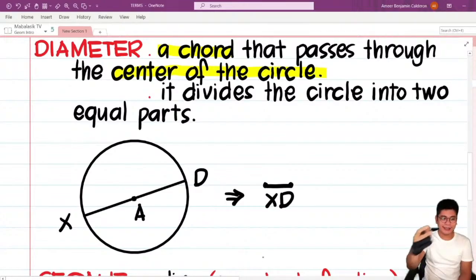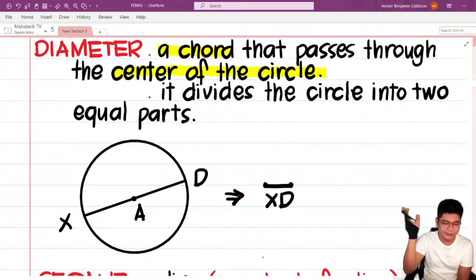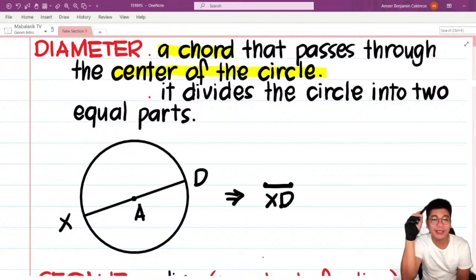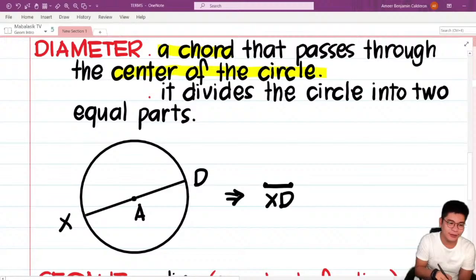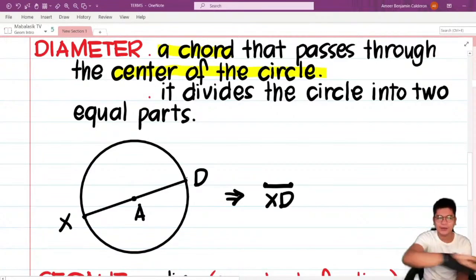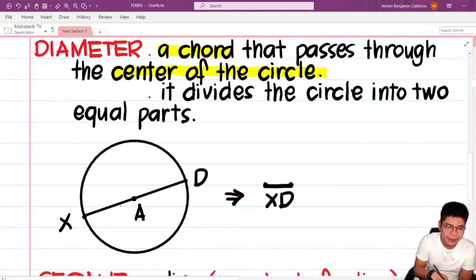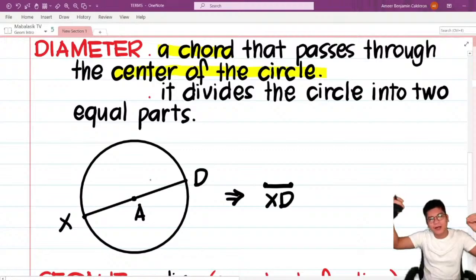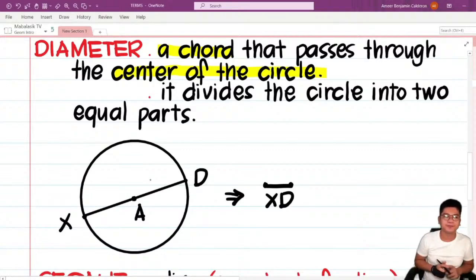Sir ABC, bakit hindi po XAD? Dumaan siya sa A. Hindi siya ganun, mga best. Guys, basta dun lang sa endpoints. Yung dalawang endpoints lang, yun lang i-consider natin. So, yung X lang, tsaka D. Hindi natin i-consider lahat ng dinaanan. Kahit maraming points dyan, basta yung dalawang end points lang.